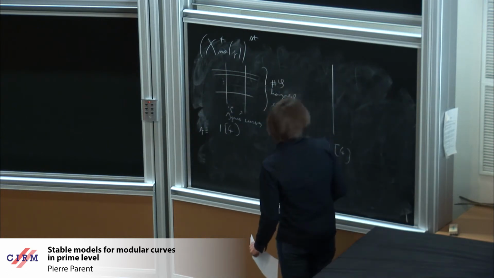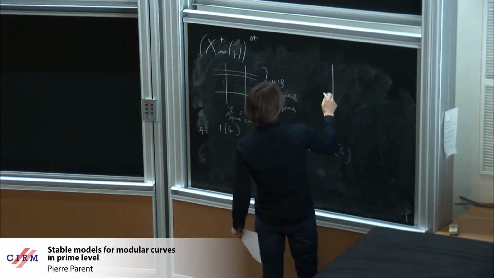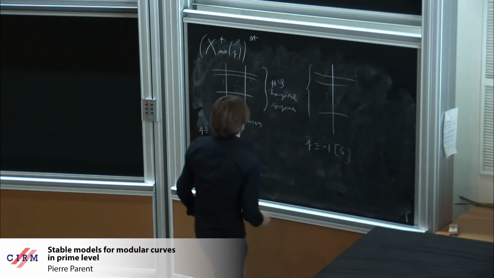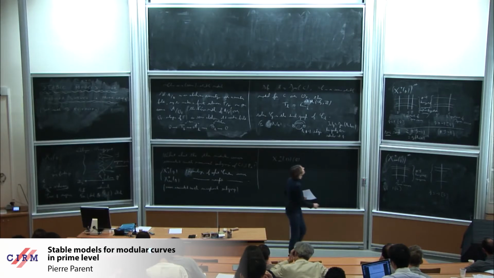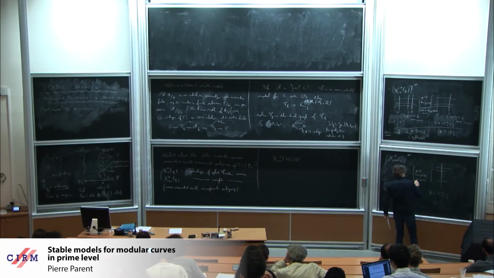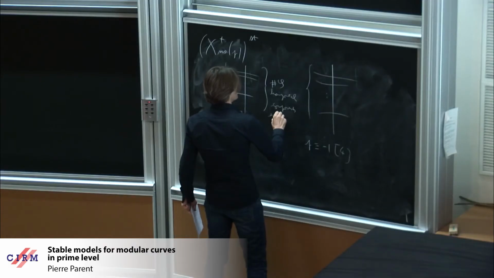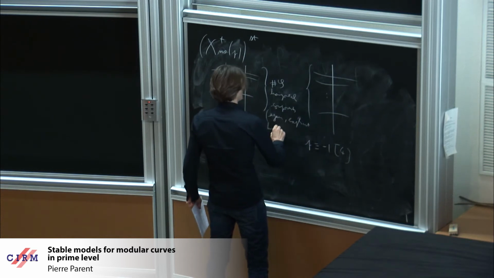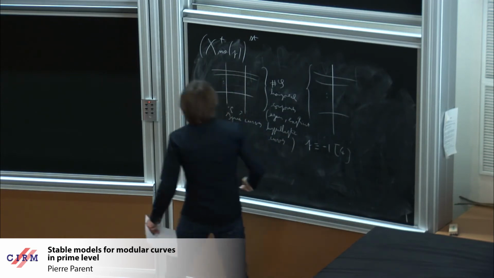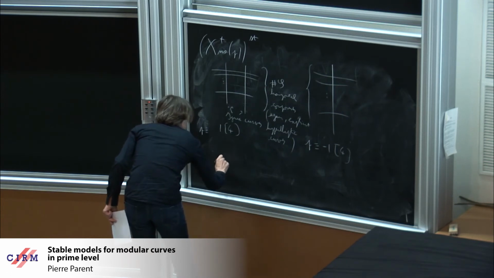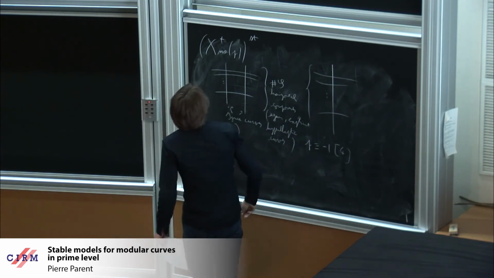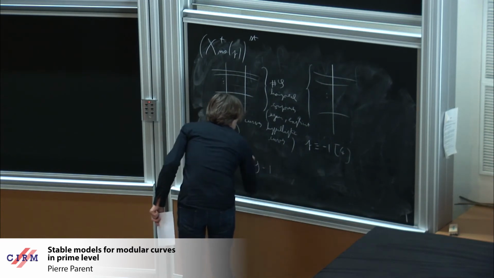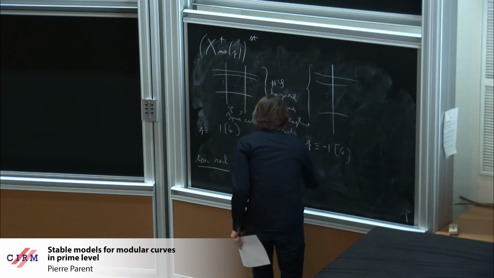And in that case, when P equals minus 1 mod 4, there is only one vertical component and a certain number of horizontal ones, which again are hyperelliptic curves, which are given by explicit equations. And in that case, the toric rank is something which is linear in P, and here it is 0.